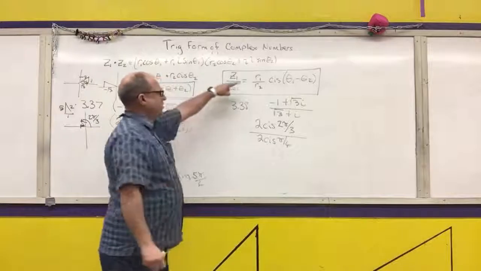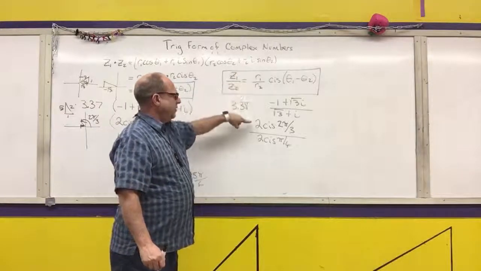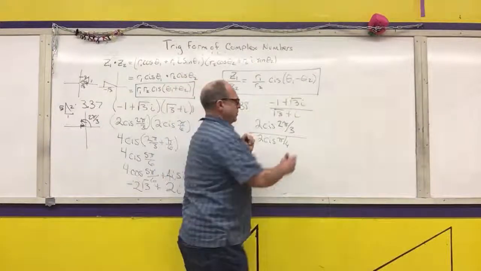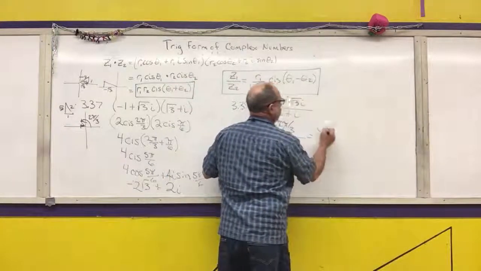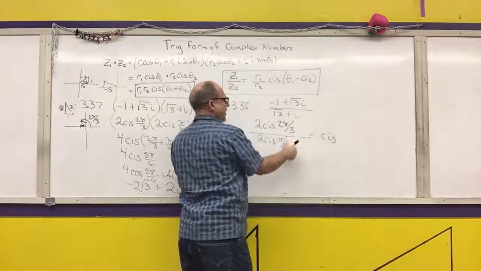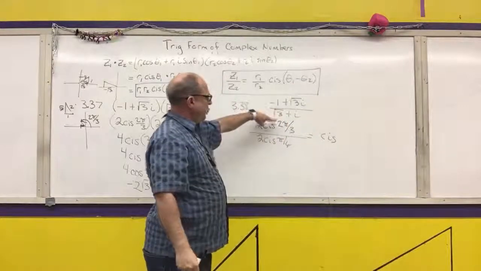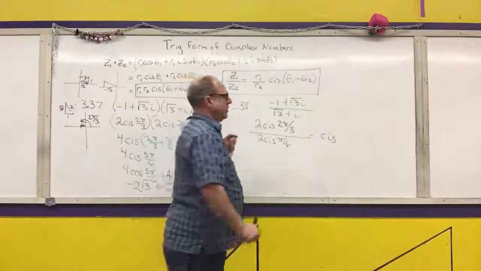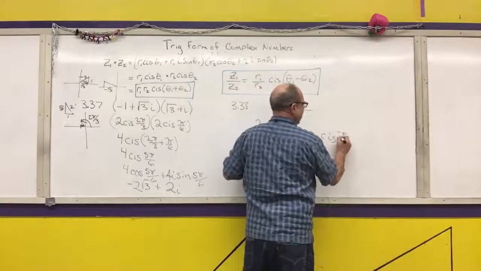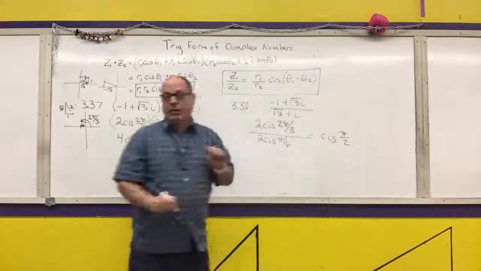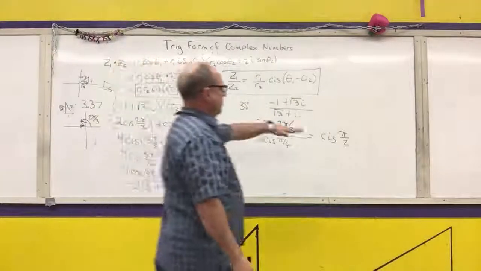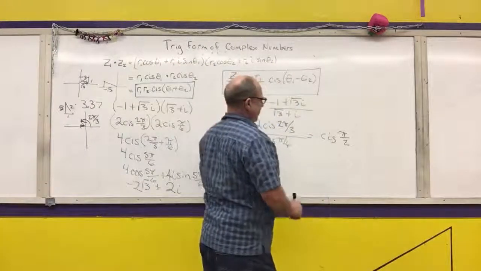So the rule says to divide the moduli, the radii, so that's going to be 1, and then subtract the denominator angle from the numerator angle. So that's 4 pi 6 minus 1 pi 6 is 3 pi 6, which is pi halves. I have no problem with you leaving your answer in that form, but I am going to turn this into the a plus bi form.